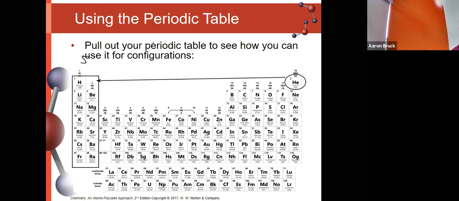And the S block follows the energy level, the period number, exactly.